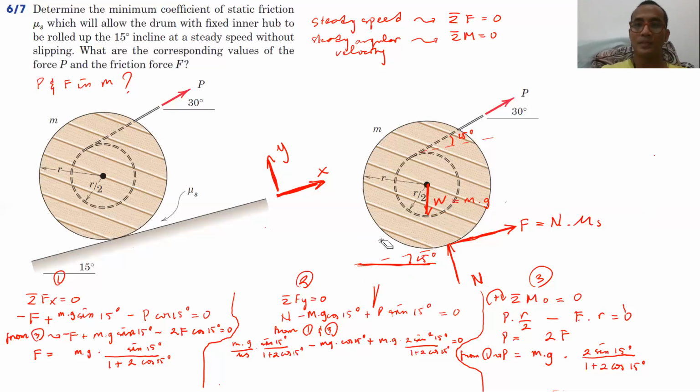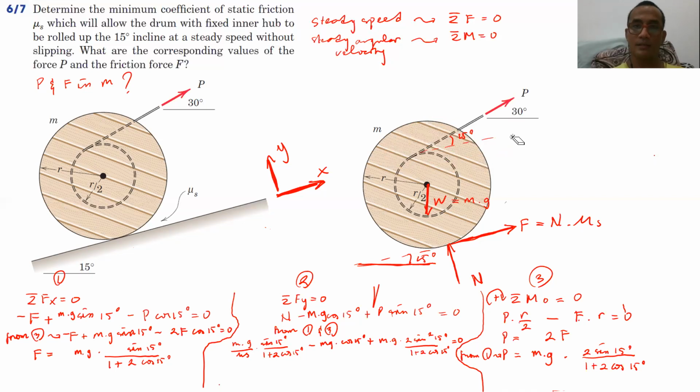So because P is at 30 degrees, the difference between the direction of P and the direction of the inclined road is supposed to be 15 degrees. That's the first thing.